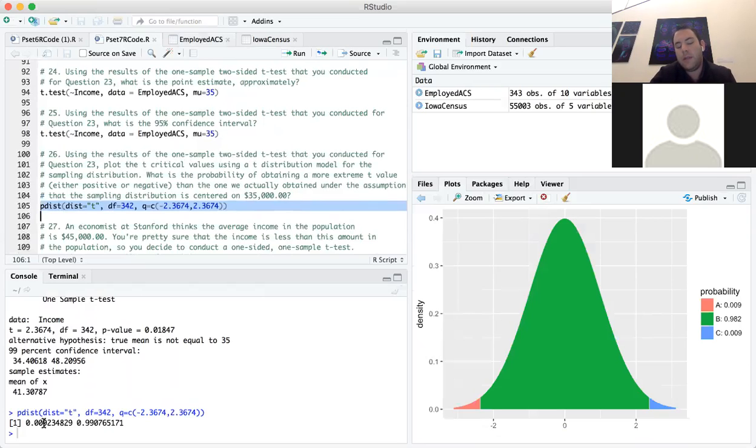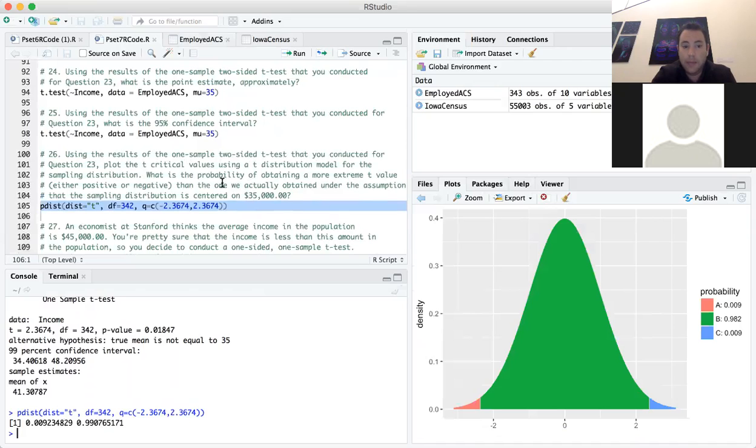But because that's only dealing with one side, and we're dealing with a two-sided test here, we actually have to multiply that particular probability by 2 in order to come up with our p-value.